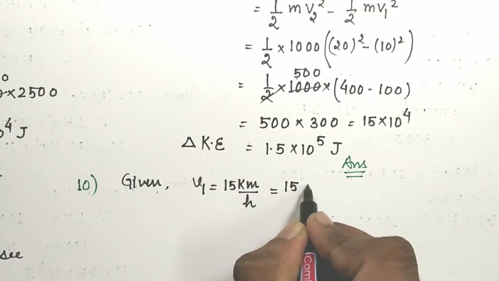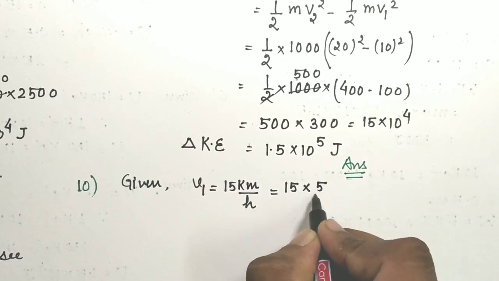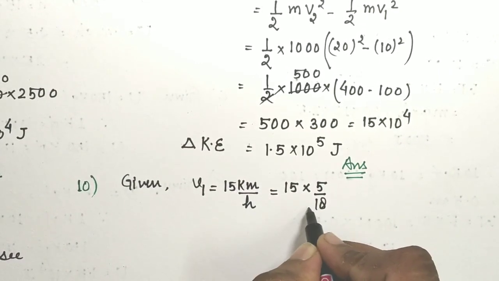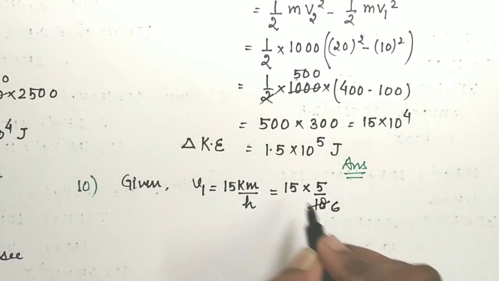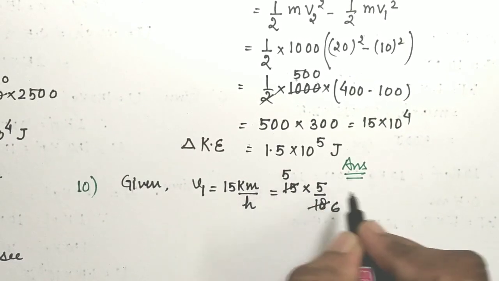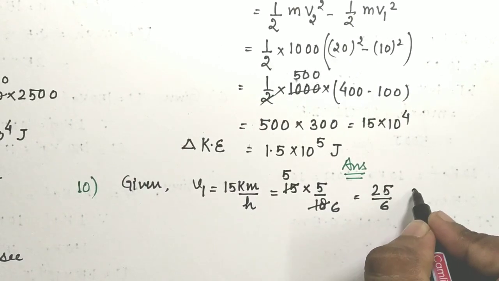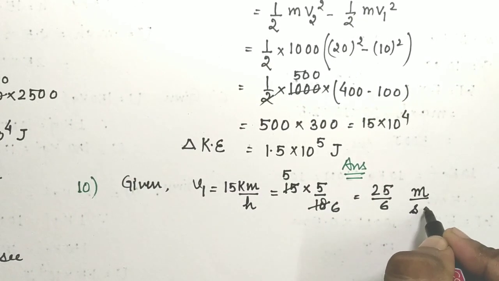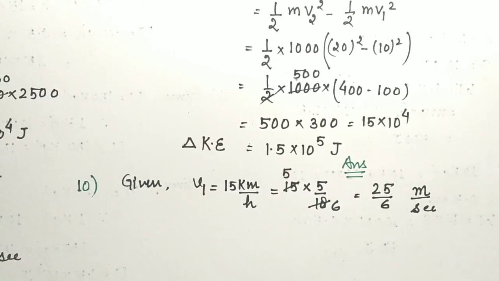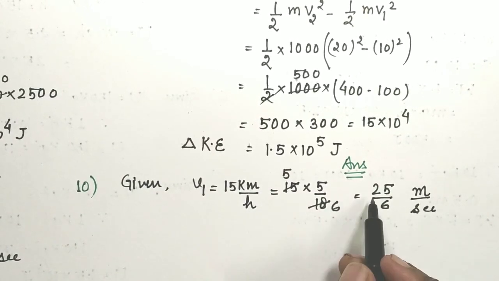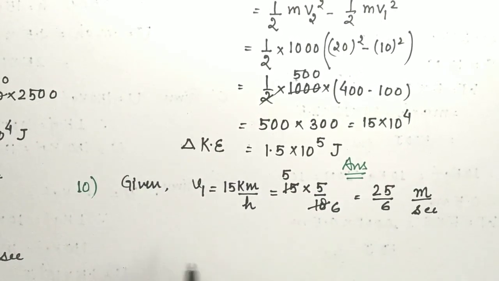So 15 multiplied by 5 by 18, 3 sixes are 18, 3 fives are 15. So it will be 25 by 6 meter per second. So 15 km per hour will be 25 by 6 meter per second.